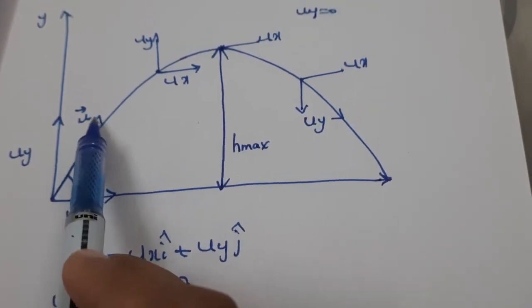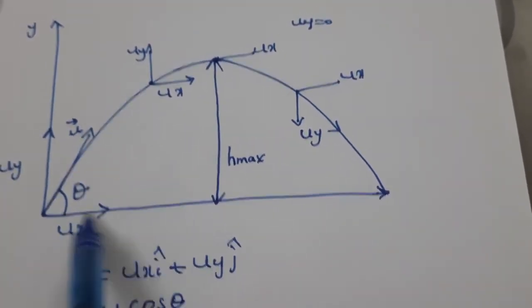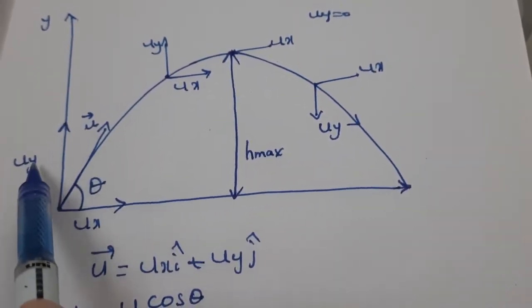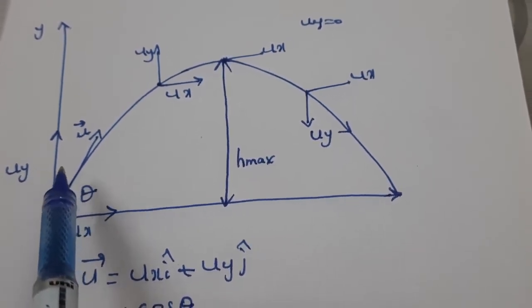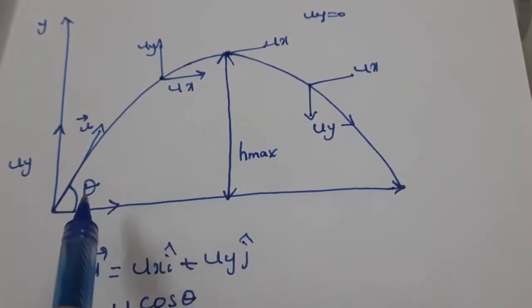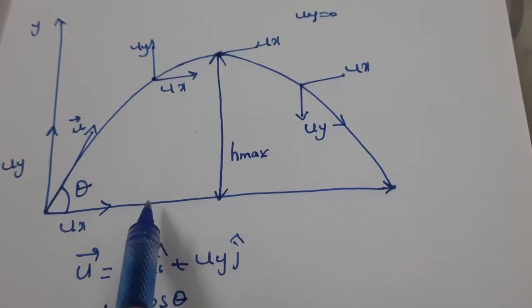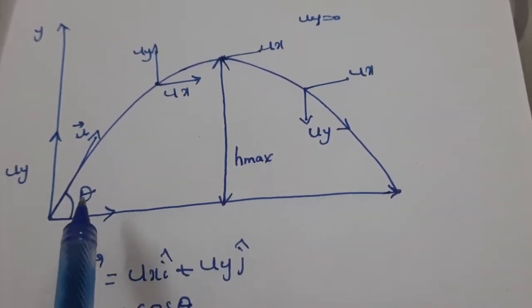So this vector can be resolved along the x direction as ux equal to u cos theta and along the y direction as uy equal to u sin theta. And in projectile motion we have an assumption: it has a uniform horizontal velocity, and the vertical velocity gets changed.